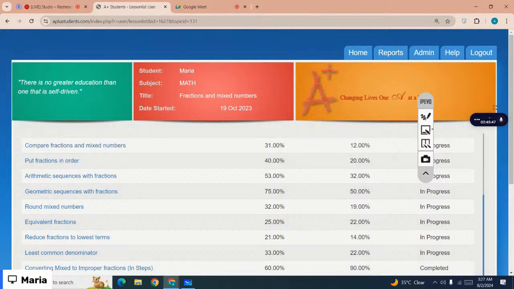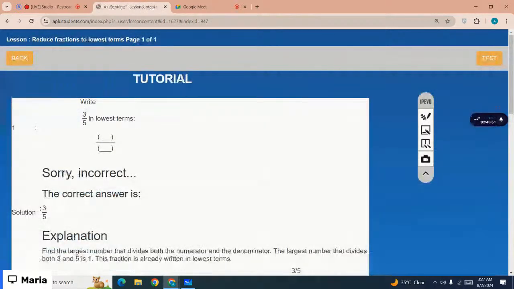So just start with the lesson. Let's see how we reduce fractions. So let's just start reducing. Reducing a fraction means you have to divide both the numerator and denominator by the largest number that can divide both numerator and denominator.